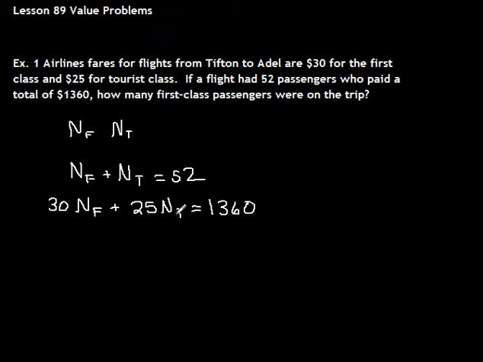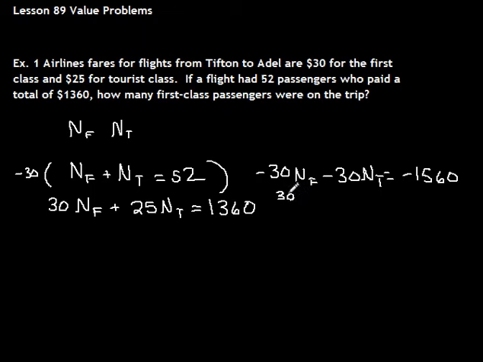So we're going to do it by elimination. I'm just going to multiply the first equation by negative 30. So we get negative 30 times the number of first class, minus 30 times the number of tourists, equals negative 1,560. Copy the second equation down.